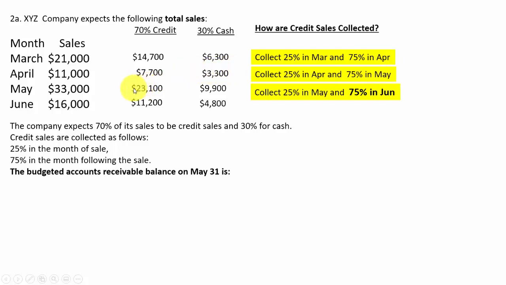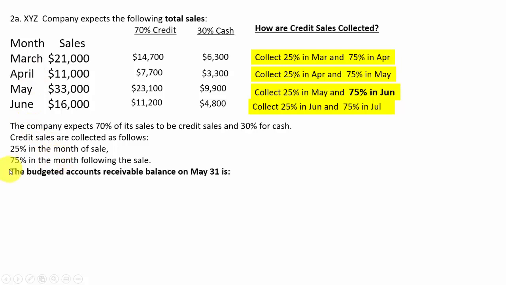Then the May credit sales of $23,100 will be collected 25% in May and 75% in June. And for June, credit sales of $11,200, 25% will be collected in June, and 75% will be collected in July. Now, I should have looked at this first, but we are at it now.